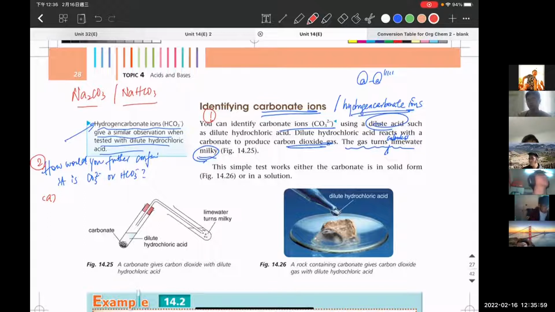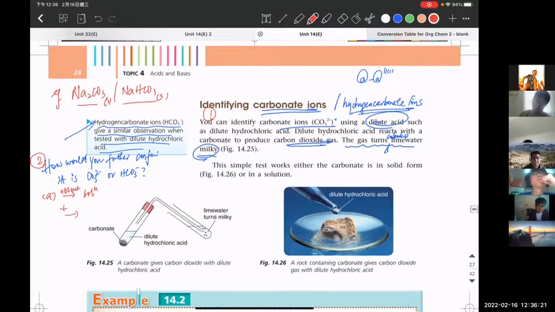So I try to put this as a scenario. In case they are just solid, what you're going to do is to make it as a solution, okay, by adding distilled water. And then I add what? I add one chemical, calcium nitrate.